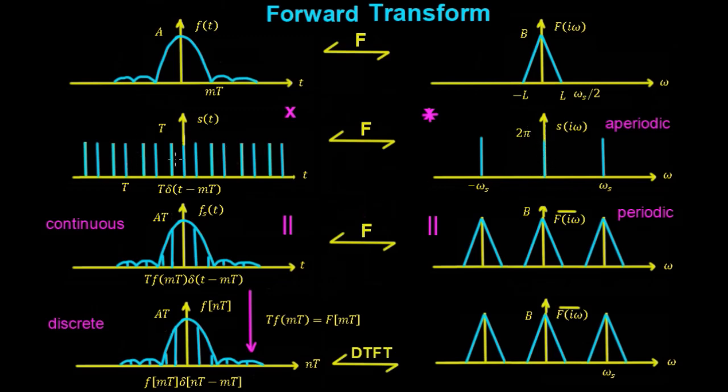So a very narrow impulse train in the time domain will give us a wide impulse train in the frequency domain.